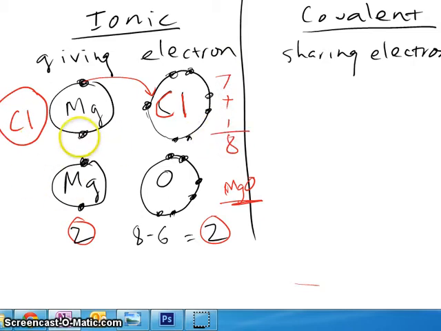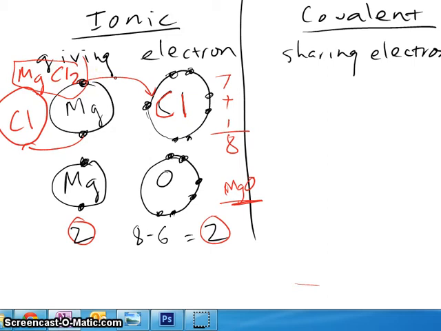Then all 3 of them are going to be happy. That means the formula for magnesium chloride is, you guessed it, MgCl2. That's how you get that number 2 right there.